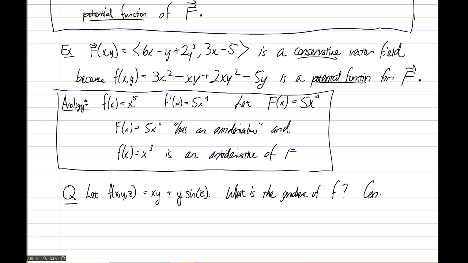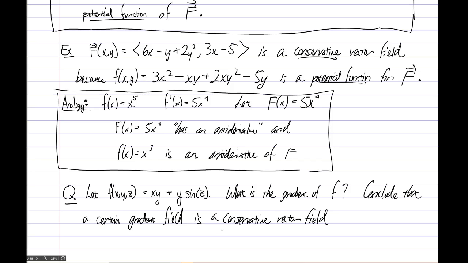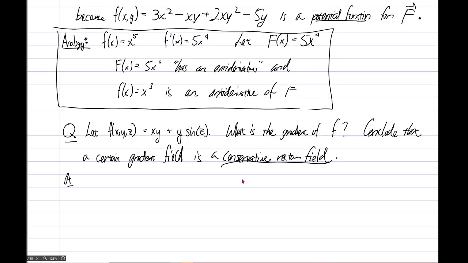Conclude that a certain gradient field is a conservative vector field. Okay, answer. I think this will be a good computation to help. The computation itself is not bad, but doing the computation and practicing the language will be extremely important here.